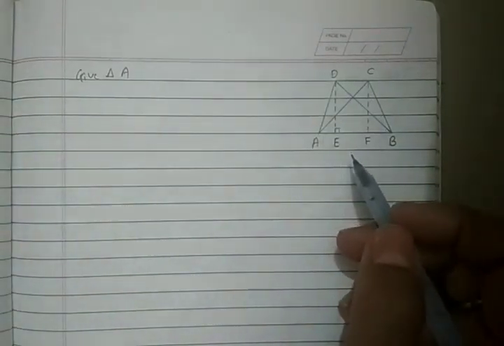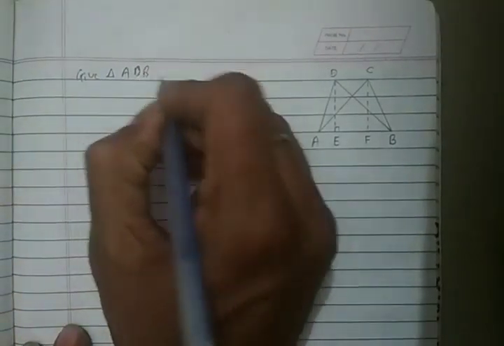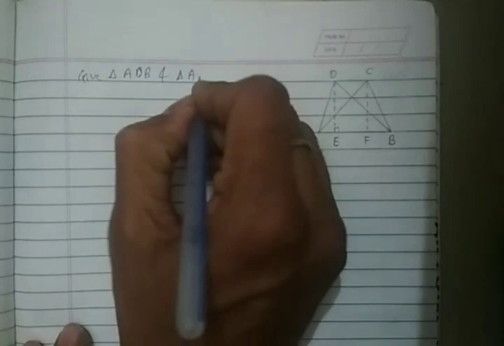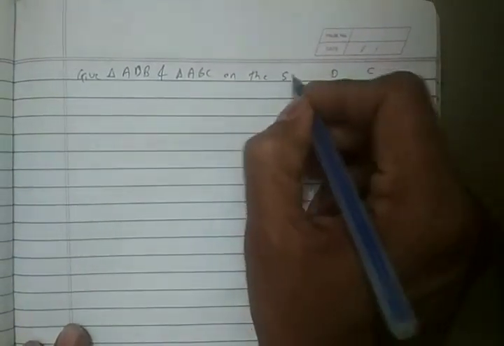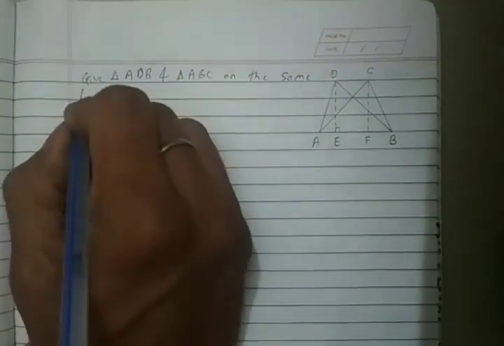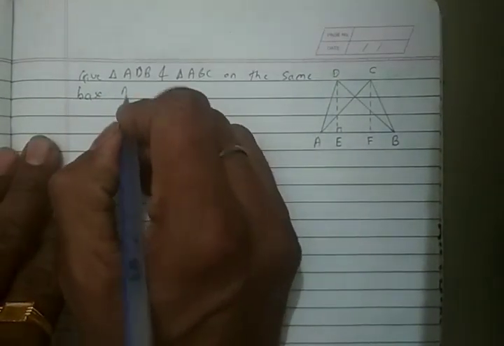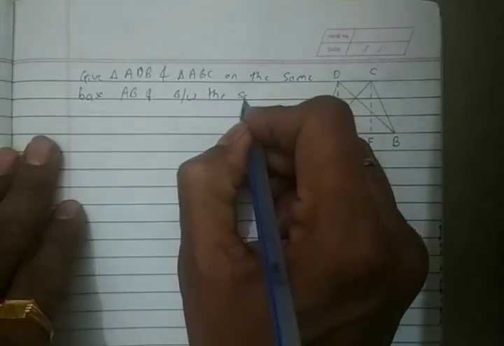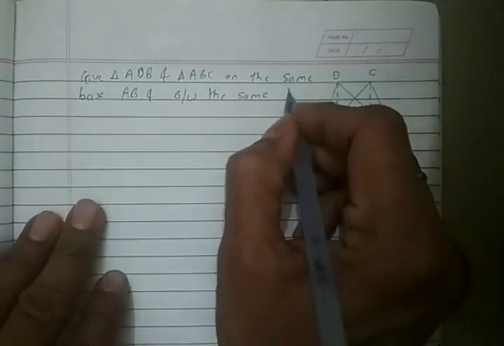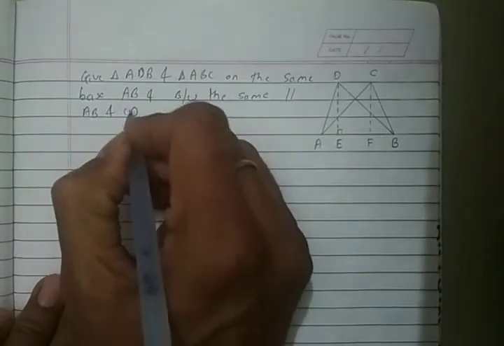So we'll write it down. Triangle ADB and triangle ABC on the same base AB and between the same parallels AB and CD.